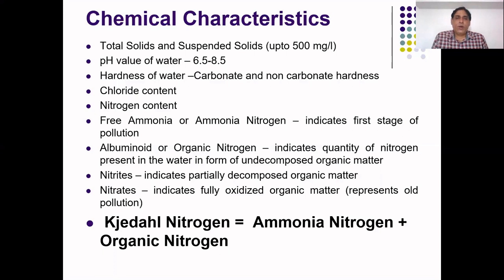It is important because whenever a waste is discharged into a river body, then these are the stages which the waste will go through. Free ammonia or ammonia nitrogen indicates the first stage of pollution. That means it is the very recent stage of pollution.